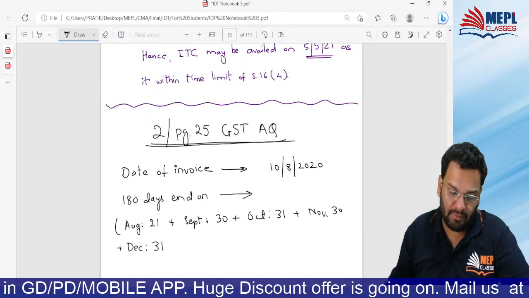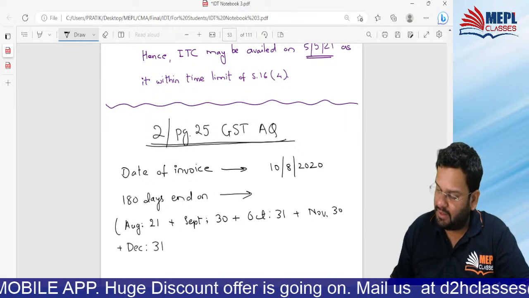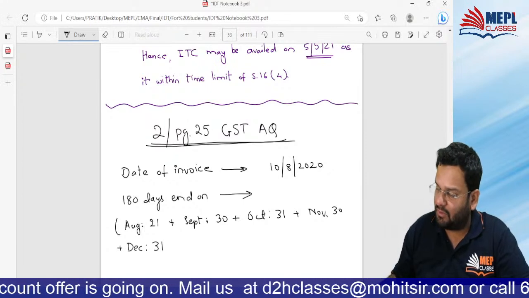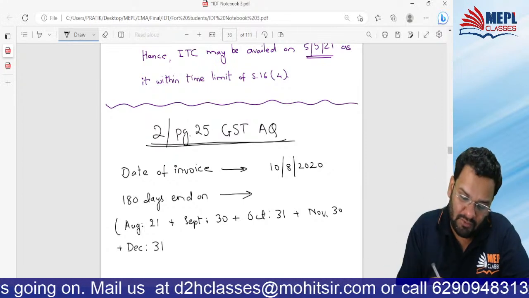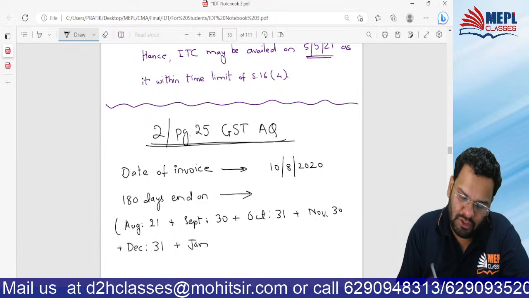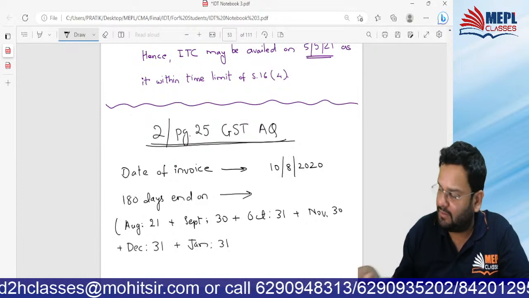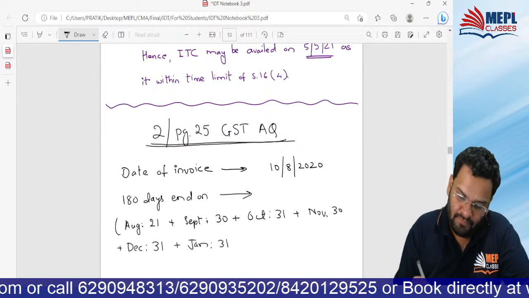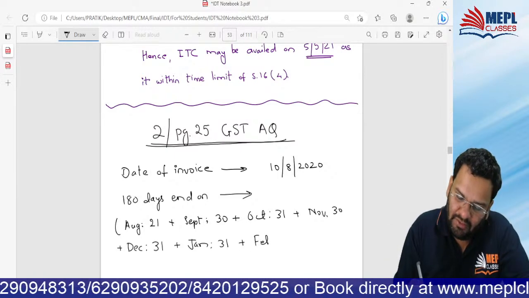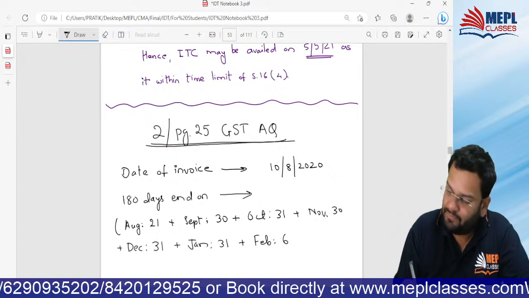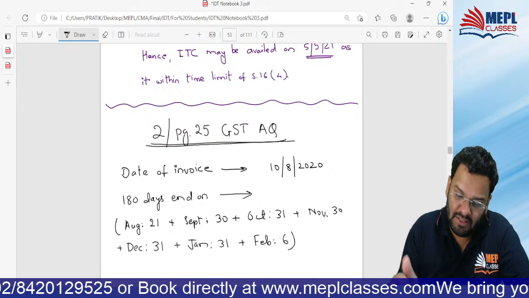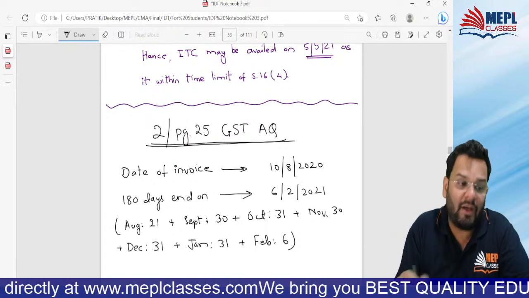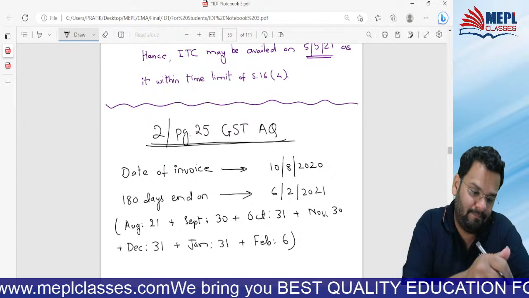So you have come up till 21 plus 30 plus 31 plus 30 plus 31, only 143 till now. You will need full January 31, now we come to 174. So February you will need 6 days, which will make it 180 days.